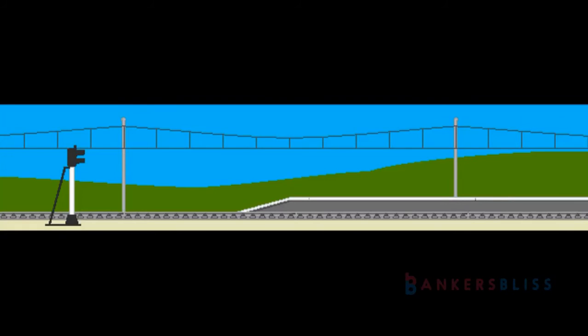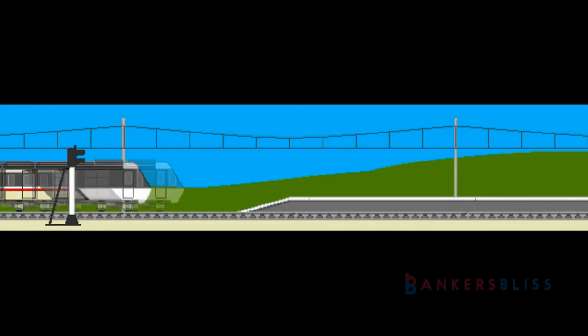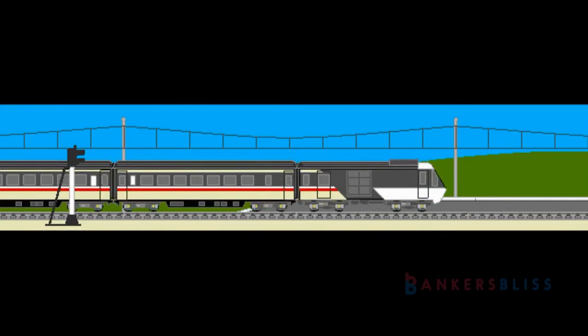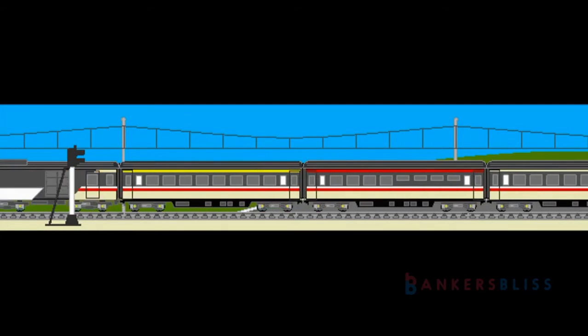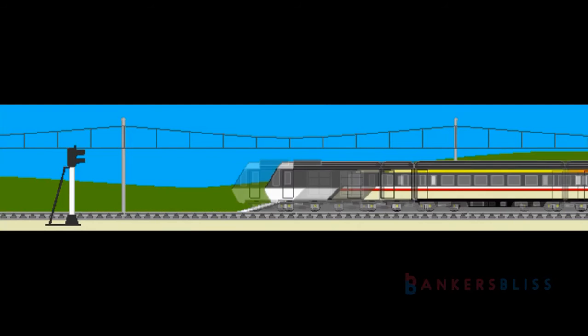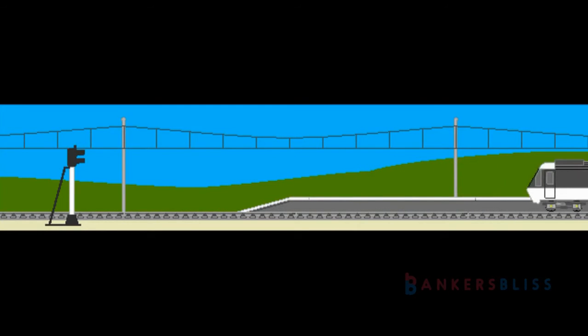The first bogie of the train enters, then the second bogie, the third, the fourth. When the first bogie has entered the platform, the last bogie has not entered. When the first bogie leaves the platform, the last bogie has not left. Means even though the bogies are passing, the entire train is not passing the platform.